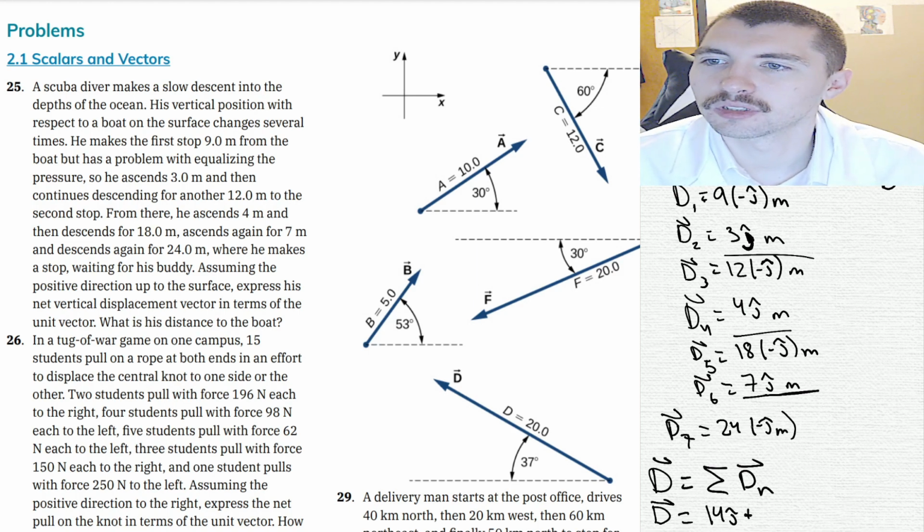Okay, so now we want the negative J's. 24 plus 18, that's 42. 4 plus 8, that is 54. 63.